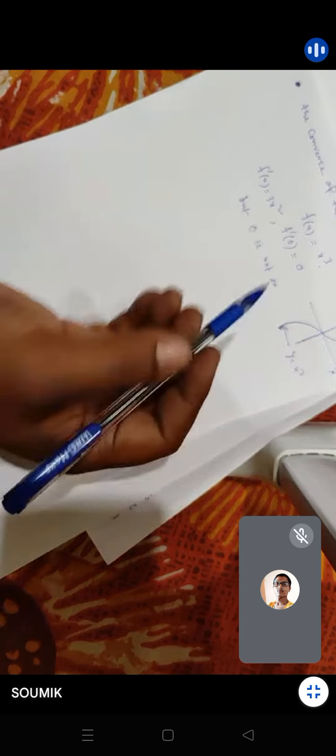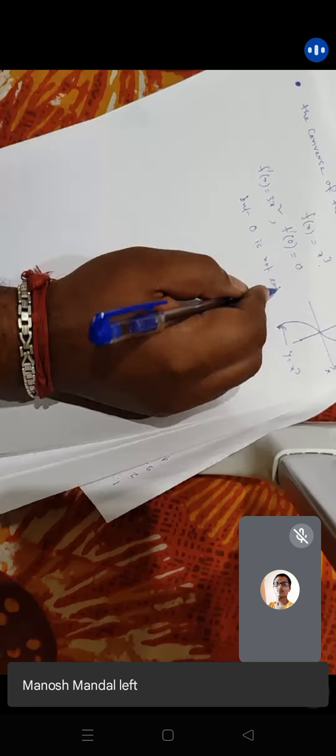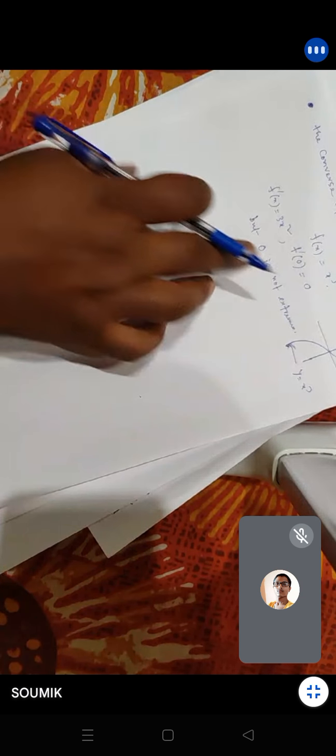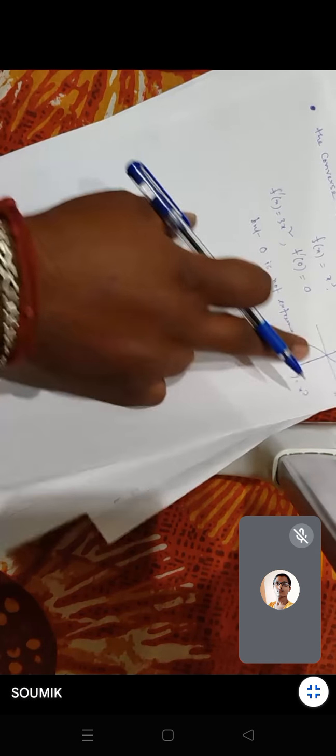That means 0 is not a minimum point or maximum point. So f'(0) equals 0, but 0 is not an extremum.